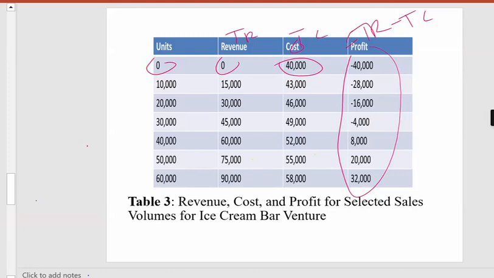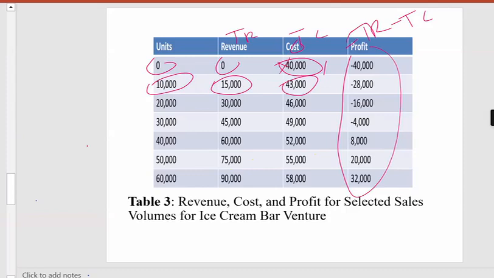If you produce, let's say 10,000 units, that means you have started to employ people, so expect some revenue. After producing, you sell them and you get 15,000. But the cost is still increasing. It has gone up from 40,000 because this was an investment, but there is additional cost.